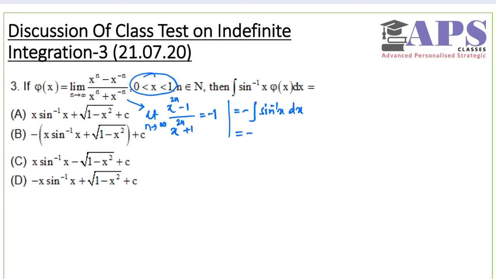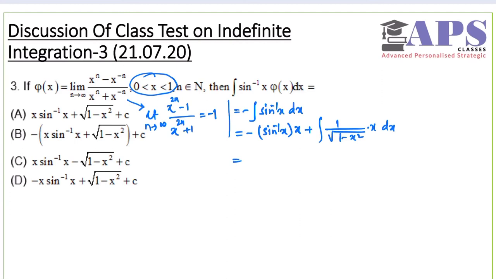If I do it like this, it will be minus of sine inverse x into x, and then it will become plus integration 1 by root under 1 minus x square into x dx. So I have taken sine inverse x as first function and 1 as second function.